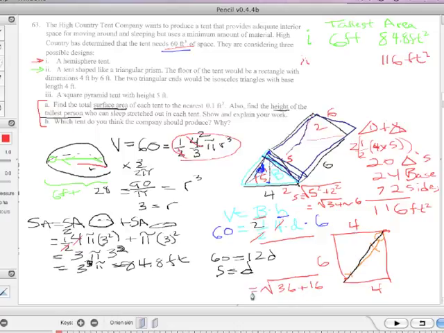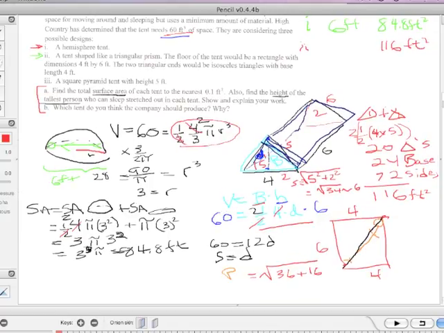I'm going to call this P for person. That would equal the square root of 52, which is like, let's say 7.1.